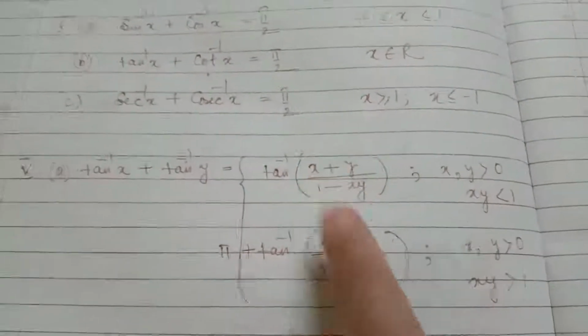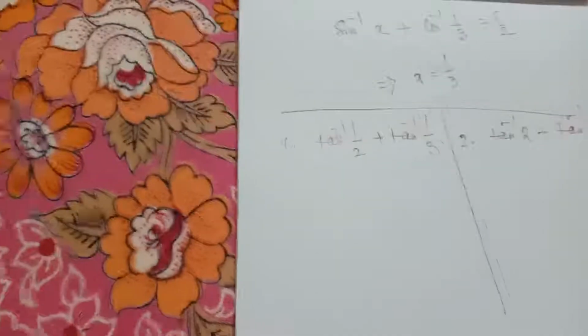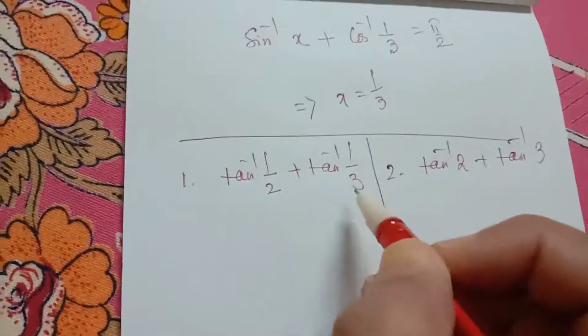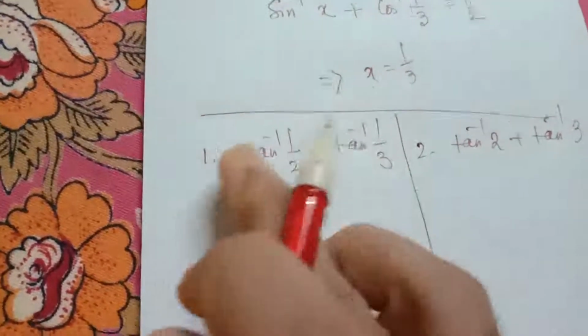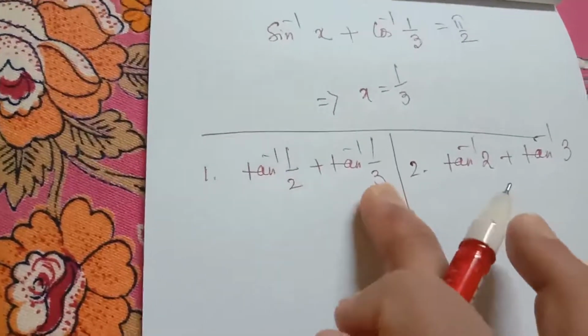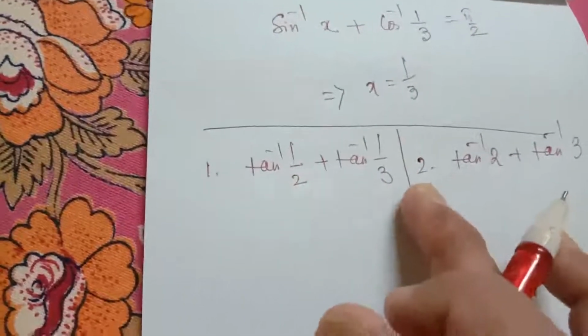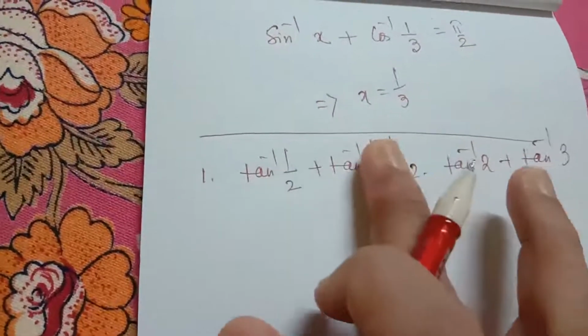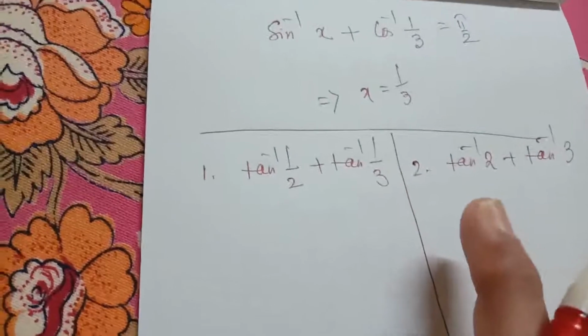Let us explain this with an example. First, number 1, tan inverse of half plus tan inverse of 1 by 3. Now, we have to apply the formula for tan inverse of x plus tan inverse of y. But before applying the formula, we have to check what is the value of x into y, whether it is less than 1 or more than 1.